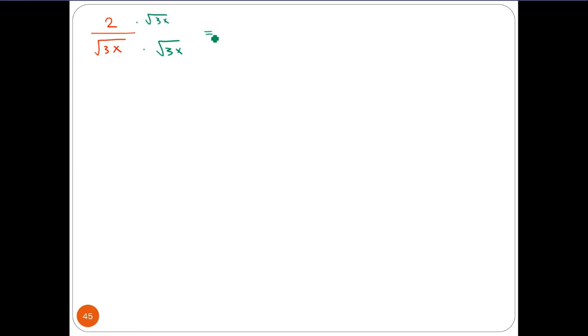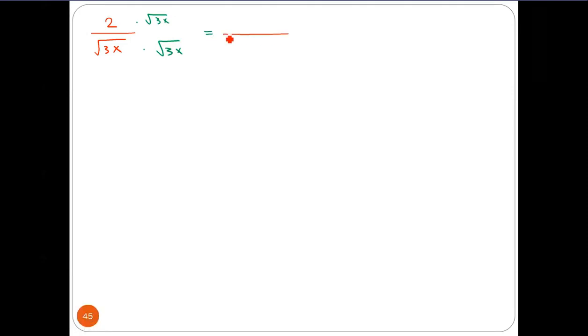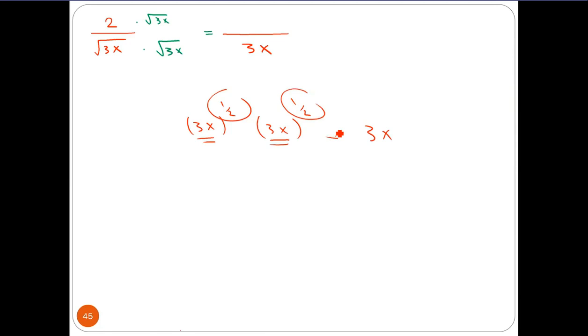So the result equals: radical multiplied by the same radical, square roots multiplied with the same square roots, equals 3x. Right? We remove the radical. Why? Because 3x to the power half multiplied by 3x to the power half, the same, so we add the exponents, and we get 3x to the power 1. Okay.